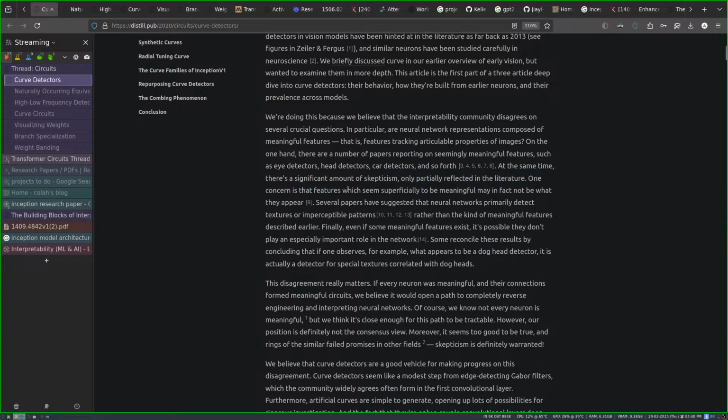One concern is that features which seem superficially to be meaningful may in fact not be what they appear. Several papers have also suggested that neural networks primarily detect textures or imperceptible patterns rather than the kind of meaningful features described earlier. Finally, even if some meaningful features exist, it's possible that they don't play an exceptional role in the network.